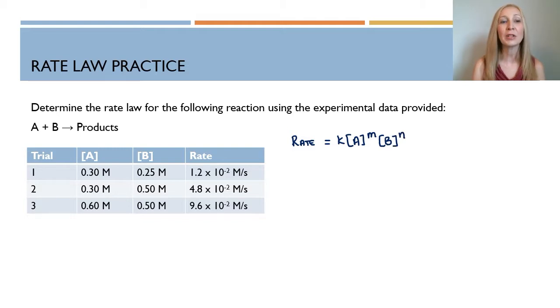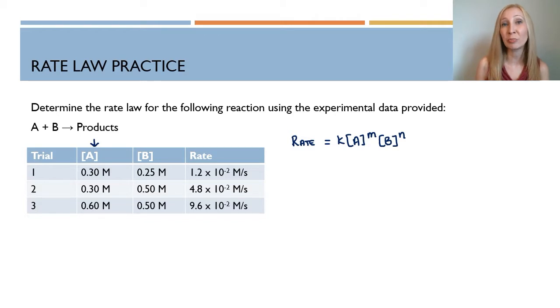Now the first thing I'm going to do is figure out what m is equal to. So what is my reaction order for substance A? And when I do that, I need to find data where B remains the same. So all I'm doing is just looking at my A information. So if I look at trials 2 and 3, the B's stay the same.